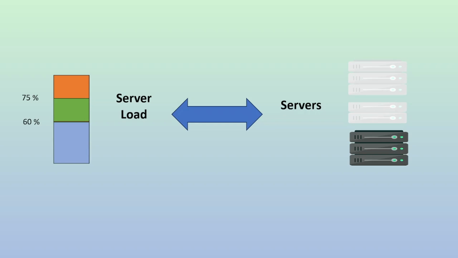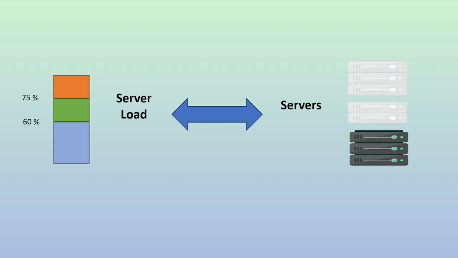You can decide on a sweet spot. Let's say we target maintaining my CPU consumption between 60 to 75%. Whenever the server load goes beyond 75%, you do something called upscaling. You increase the number of servers to make sure that your CPU percentage stays below 75%.